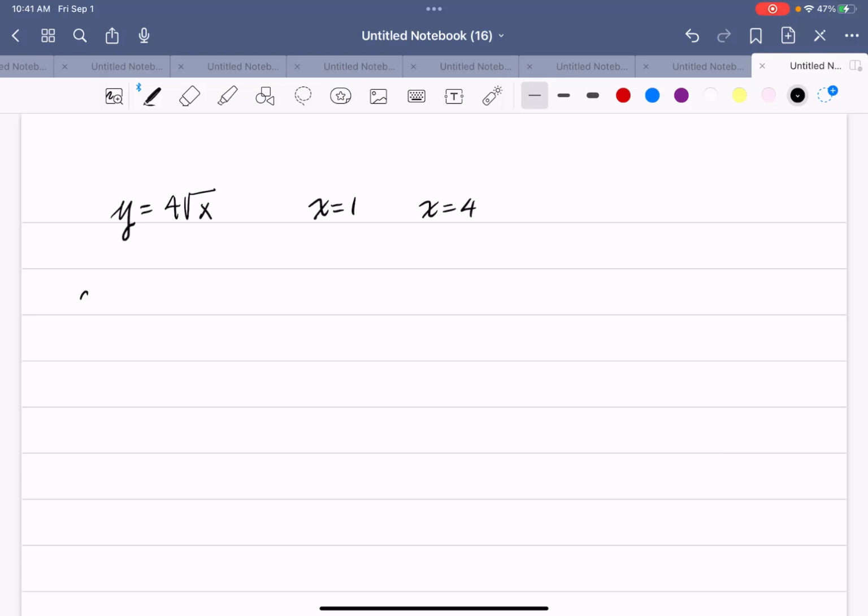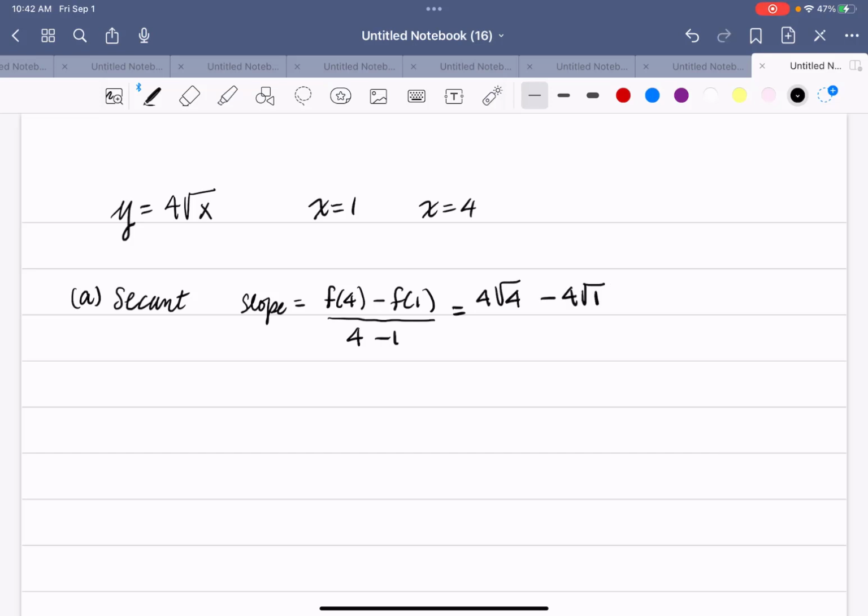So starting with a secant, find its slope. It's going to be f of 4 minus f of 1 over 4 minus 1. So that's 4 square root of 4 minus 4 square root of 1 divided by 3.